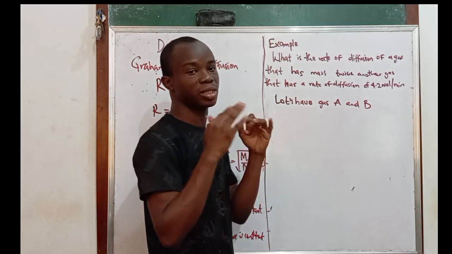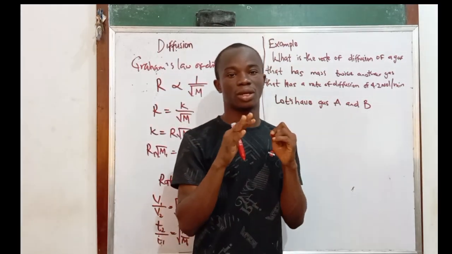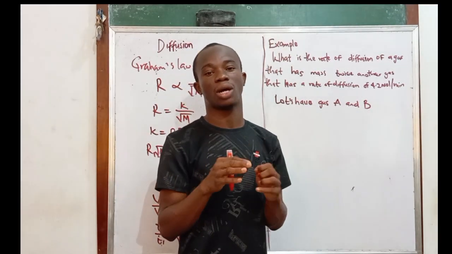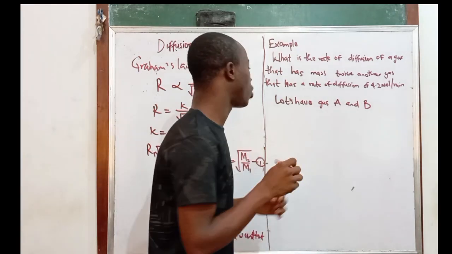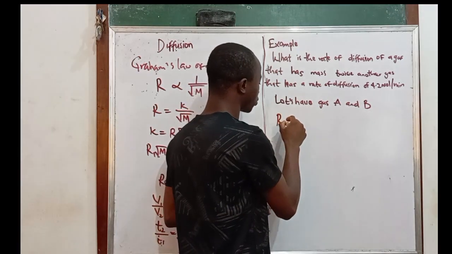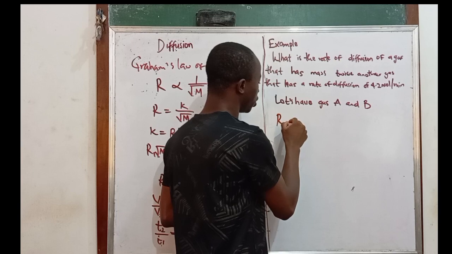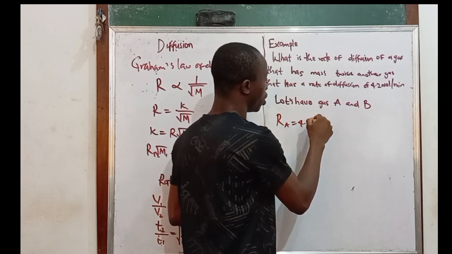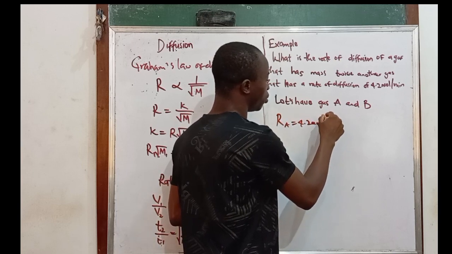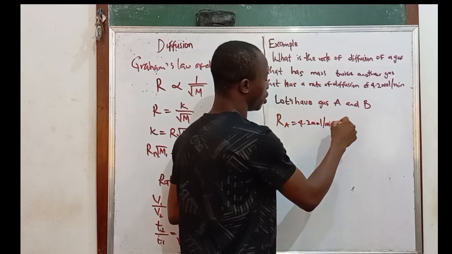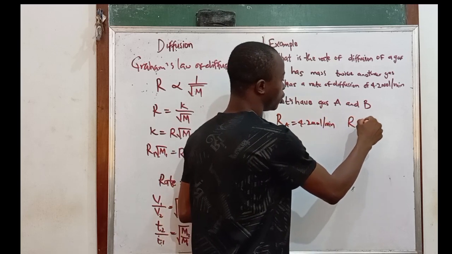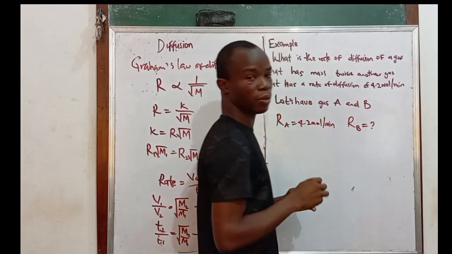So let's assume that the gas whose rate we know is A, and the one whose rate we do not know is B. Therefore, RA is 4.2 mole per minute, while RB is unknown.